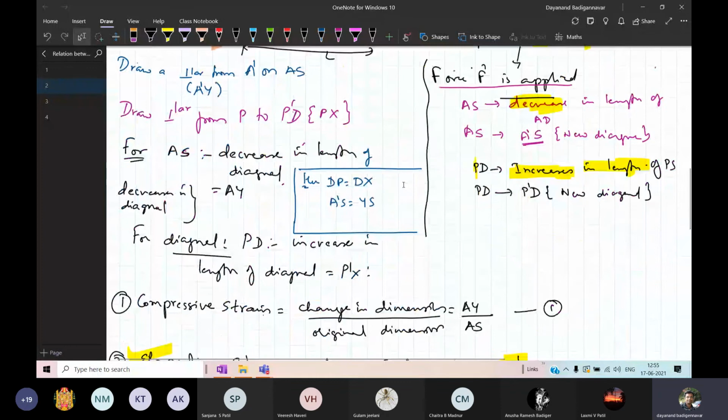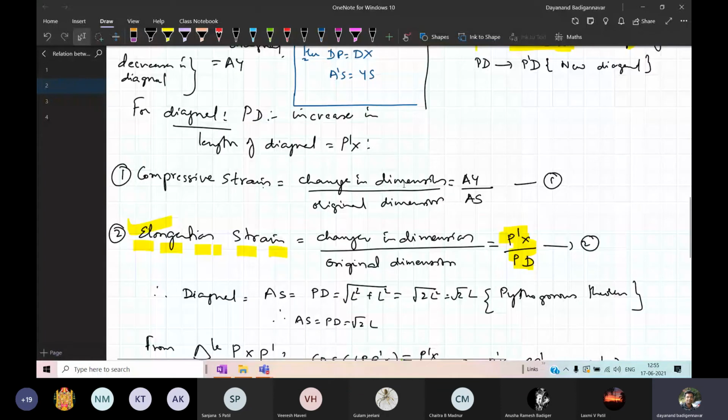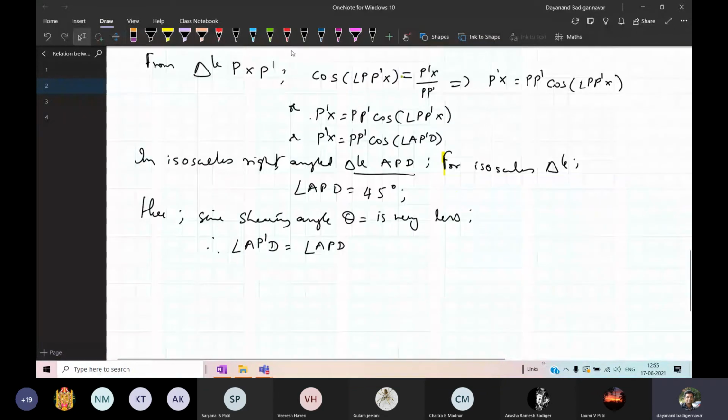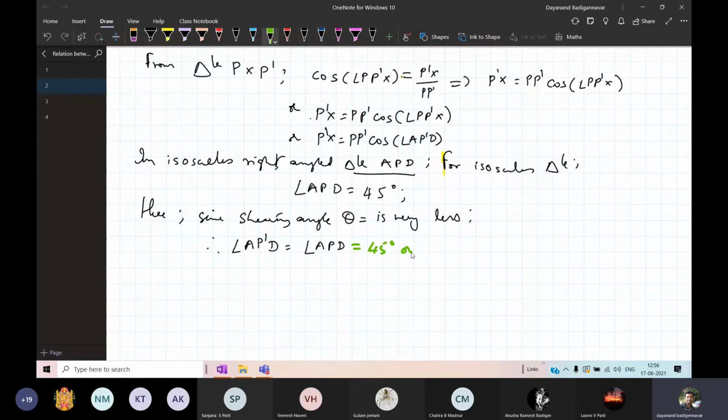Therefore I can write angle AP'D is equal to APD, that is equal to 45 degrees, which is also equal to angle P'X.